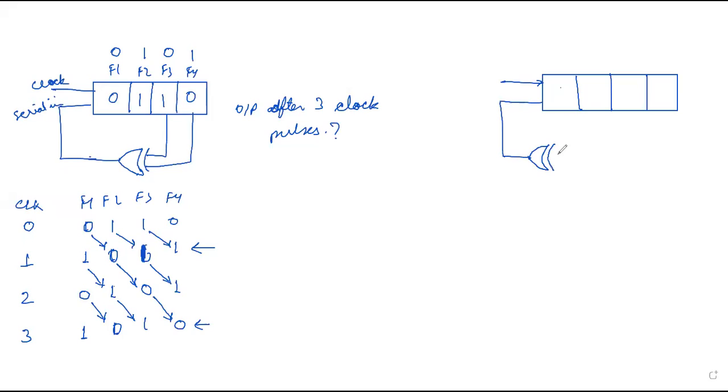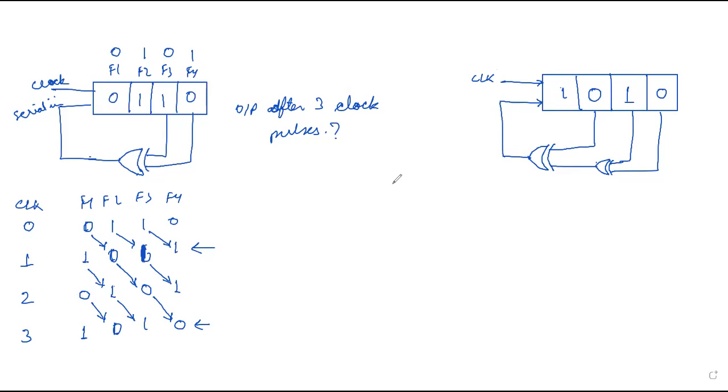In this case, we also have an XOR gate, and we have another XOR gate. Now the initial data is 1010. Here is a clock, and here is the serial in input.